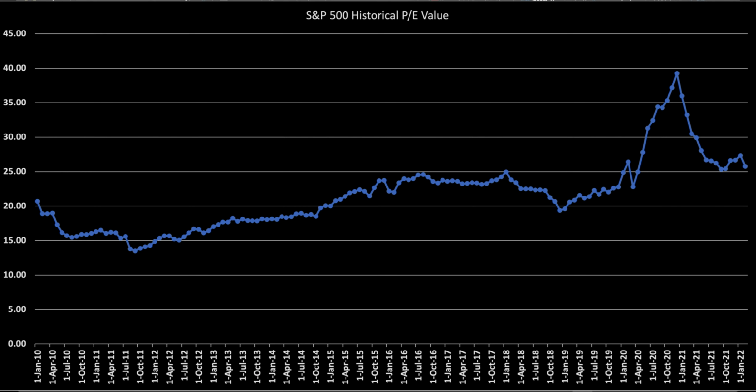If we look at this graph that shows historical P/E ratios for the S&P 500 over the past 10 years, we can see it has always been fairly low. So a PE ratio of below 20 is considered good. We can see all the way through the early part of 2010, it was below 20.